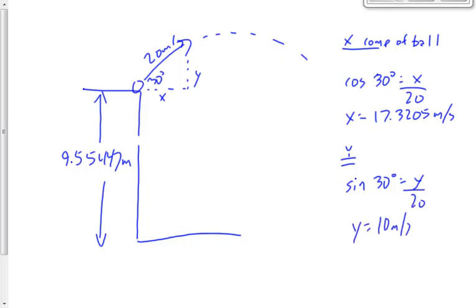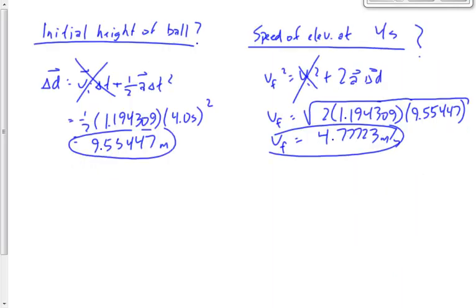10 meters per second. But the velocity of the ball isn't 10 meters per second initially in the y component, because we have to add to that the initial velocity of the ball due to the motion of the elevator. The elevator was moving upwards at 4.77 meters per second when the ball was thrown.